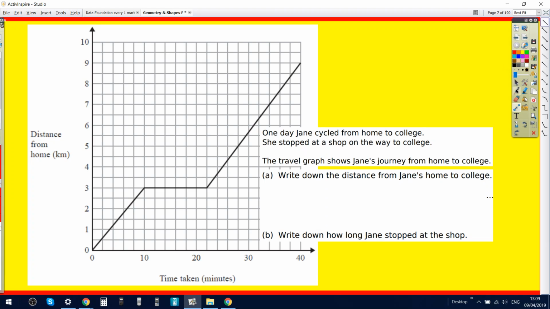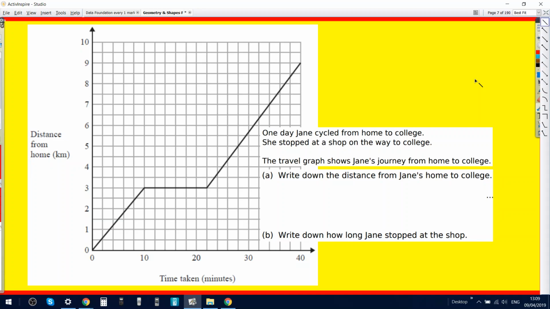Okay, let's take a look at this. Journey from home to college. Write down the distance from Jane's home to the college.